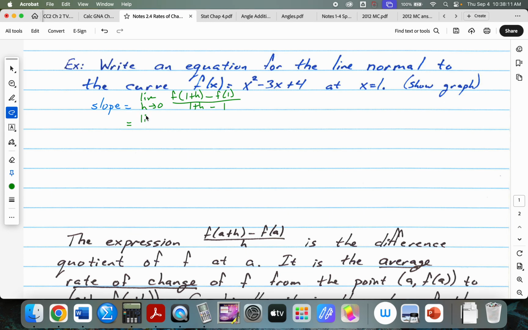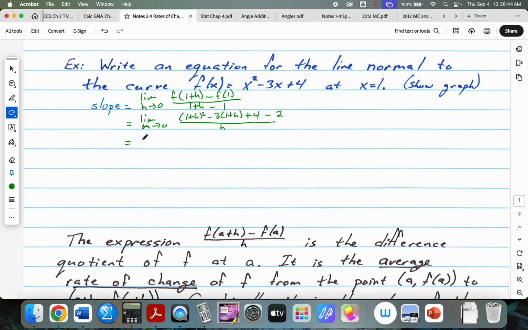So that's going to be the limit as h goes to 0 of 1 plus h quantity squared minus 3 times 1 plus h plus 4 minus f at 1, which is 1 minus 3 is negative 2 plus 4 is positive 2. All over h.